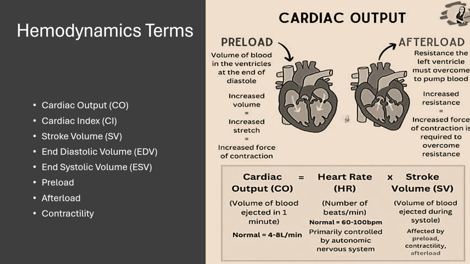But I want you to think about something. Body surface area, and how that could affect the amount of cardiac output a patient may need in liters per minute. Well, cardiac index is going to account for that body surface area. Let's think about it.